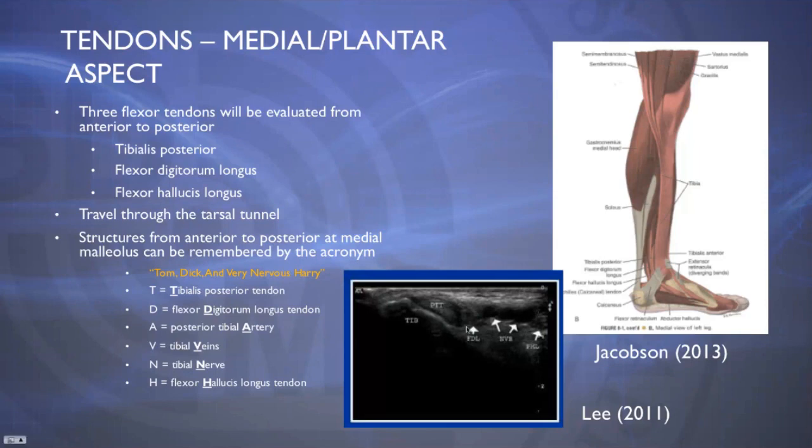In Very Nervous Harry, the V stands for the vein, the tibial veins, the A stands for the artery, the posterior tibial artery, and the N is for the tibial nerve bundle, which is all right in here. And then Harry, or H, stands for the flexor hallucis longus tendon, which is over here. So by trying to keep this acronym in mind, it might help you remember the order of these very long named tendons.